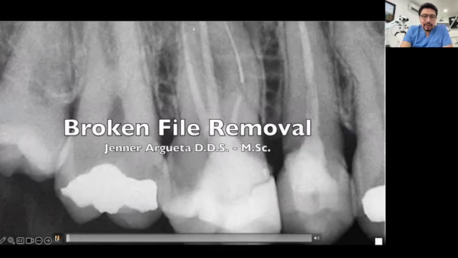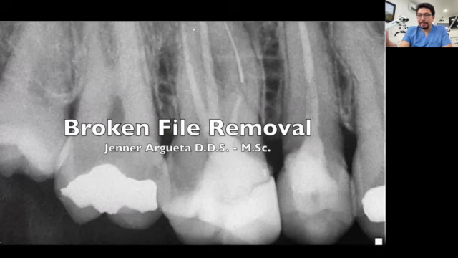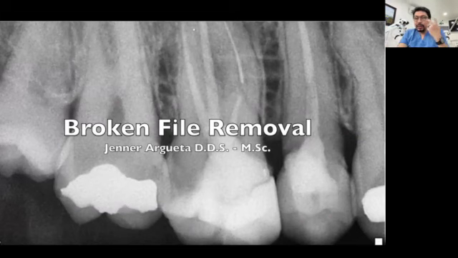if we need to remove a broken file, we will go to the higher steps of magnification, but please notice something in the next video. In this video, I was working with the 3D for removing a broken file, and you will see that I managed to have the broken file in focus. The broken file is in focus, and I can see that millimeter of the file on which I'm applying ultrasonic force.